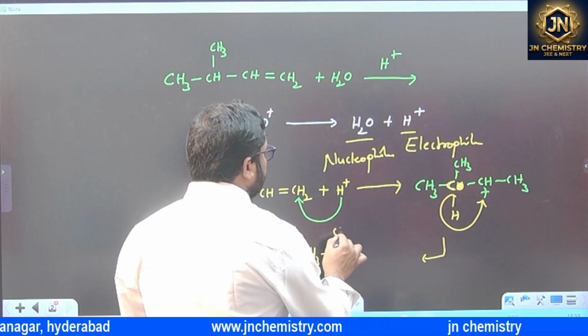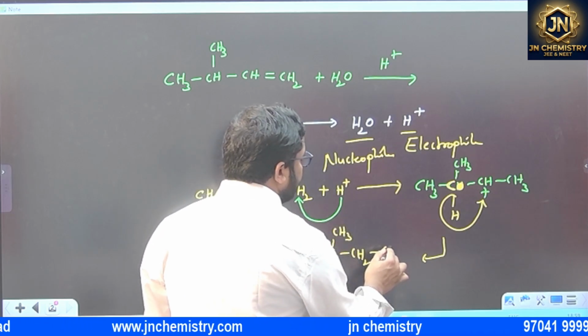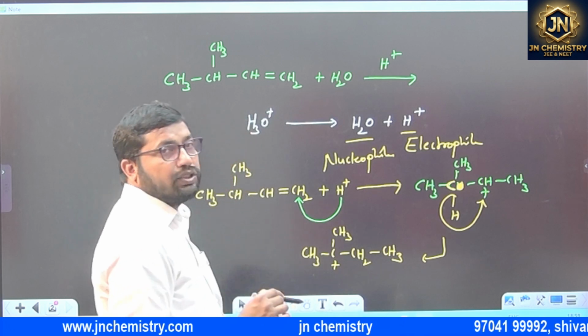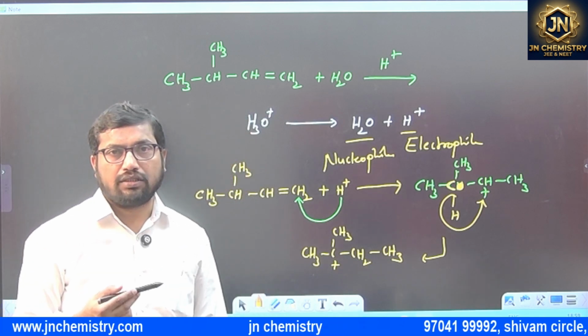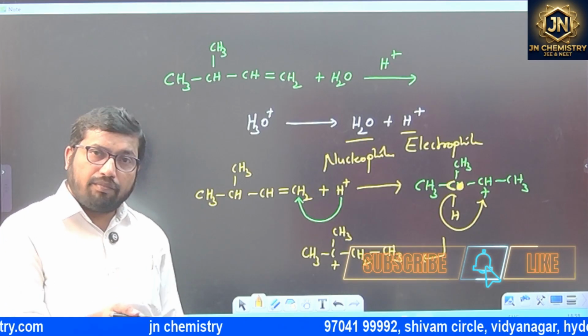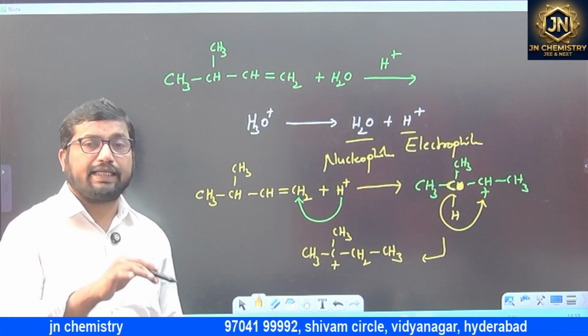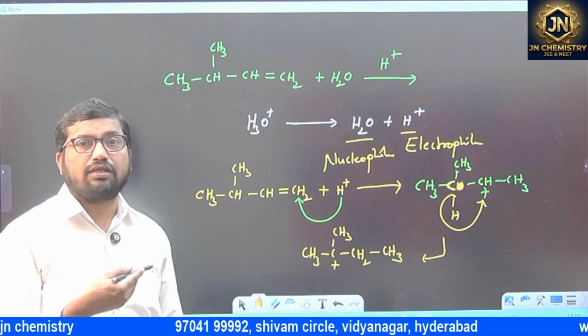I told you carbocation has a natural tendency of rearrangement. Natural tendency of rearrangement means what? If the adjacent carbon is a tertiary carbon, by default a hydride shift or methyl shift or whatever group shift takes place, and it gets the stabilized carbocation.